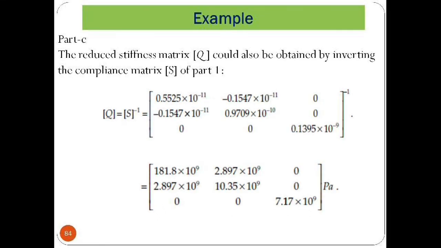So in this fashion we may have the final matrix, which is the same as obtained in the previous slide, with the help of the different elements Q11, Q12, Q22 and Q66. So these are complementary to each other. We may calculate this same reduced stiffness matrix by taking the inversion of the compliance matrix.